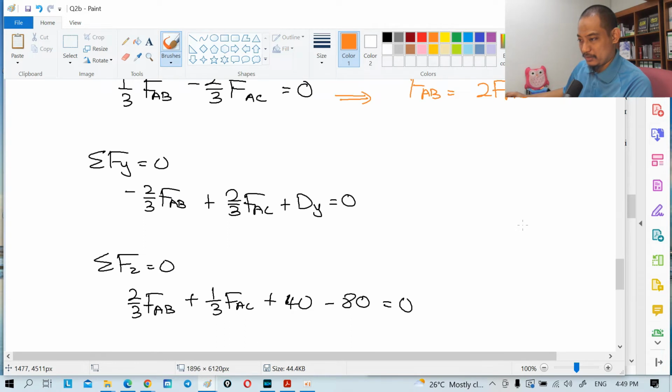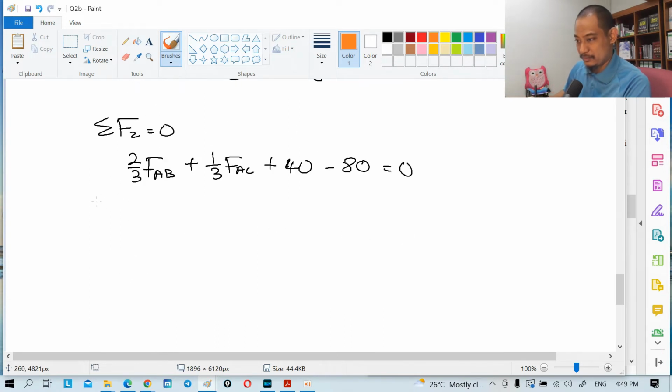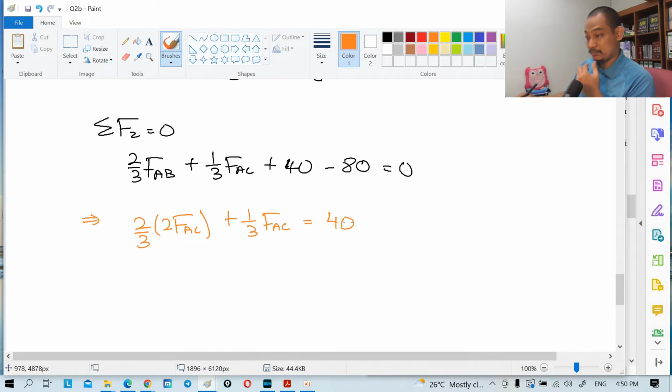So if we plug in here, 2 over 3 times 2 FAC. So FAB equal to 2 FAC plus 1 over 3 FAC, and this one you bring on the other side, 40, right?